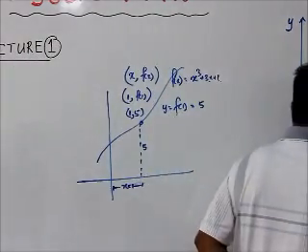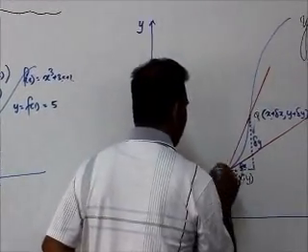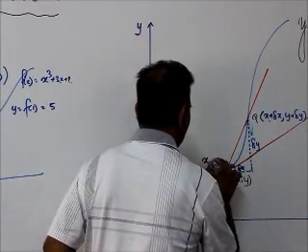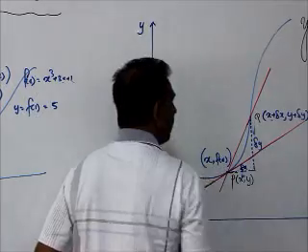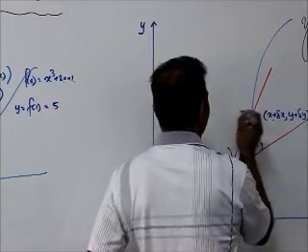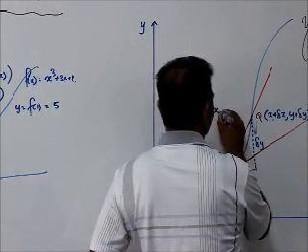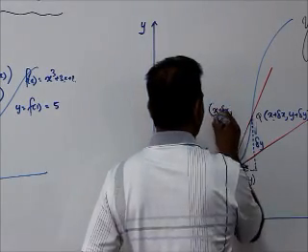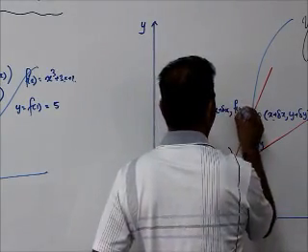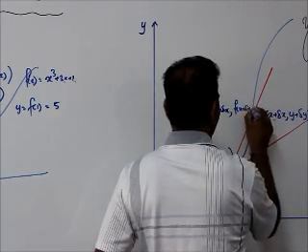This is the other way. Then what about Q? x plus delta x is the x coordinate, and the y coordinate is f of x plus delta x.